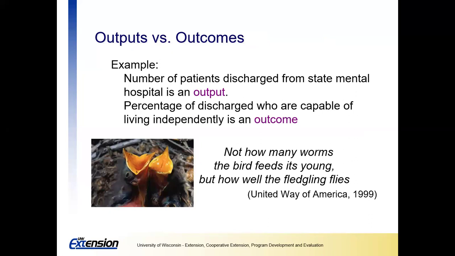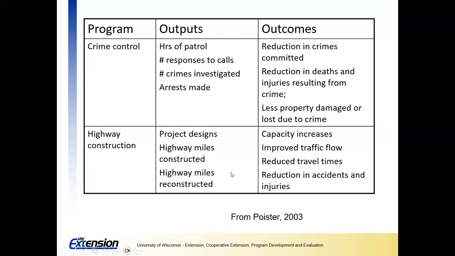What is the difference between an output and outcome? Well, the number of patients discharged from a state mental hospital is the output. The percent discharged who are capable of living independently is an outcome. Here's another example.